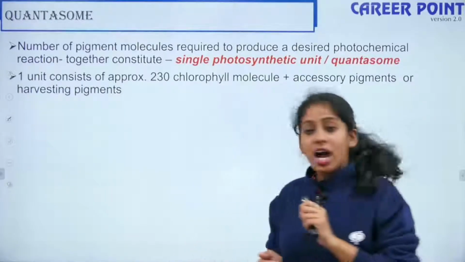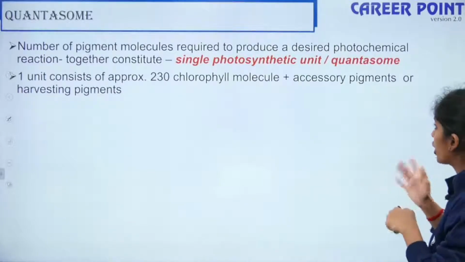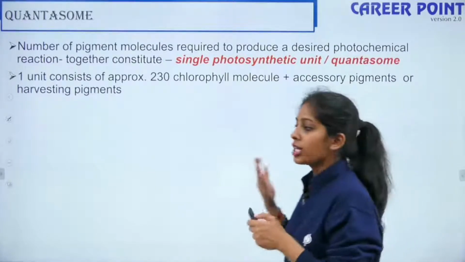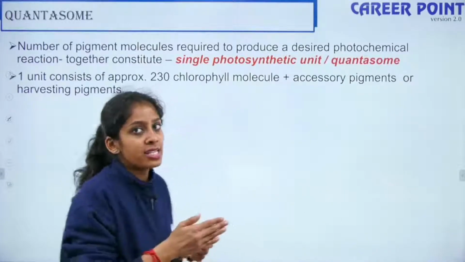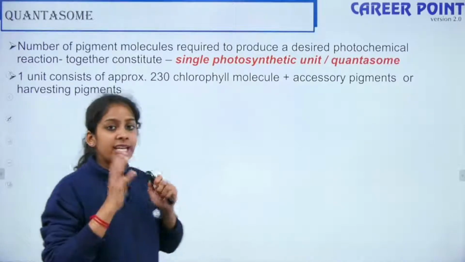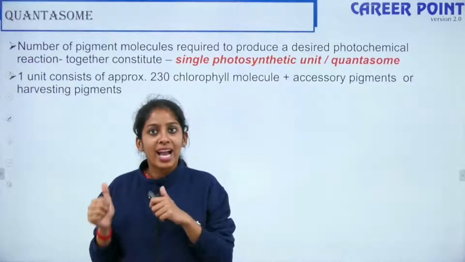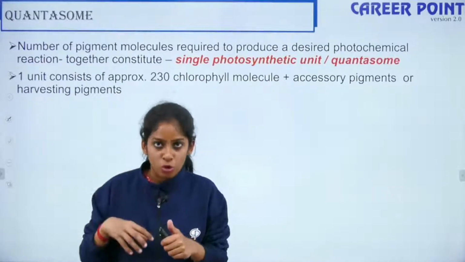One unit consists of approximately 230 chlorophyll molecules plus accessory pigments, also given the name harvesting pigments. That is, in a light harvesting complex, for the photochemical reaction to activate, I need a quantosome.